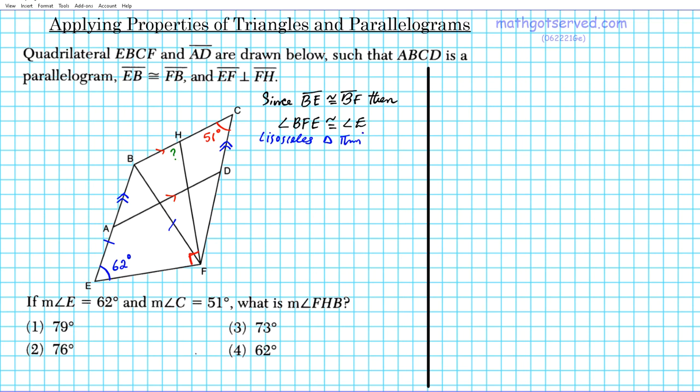So it follows that the measure of angle BFE is equal to the measure of angle E. We know the measure of angle E is 62 degrees. So since BFE and E are the same, the measure of angle BFE is 62 degrees also. Nice. So this angle right here is 62 degrees.